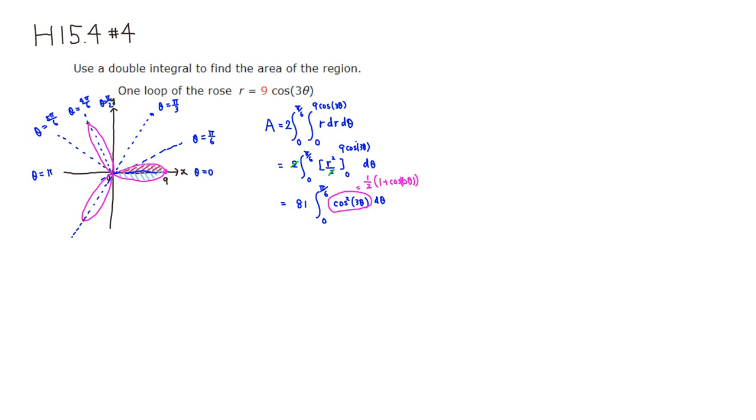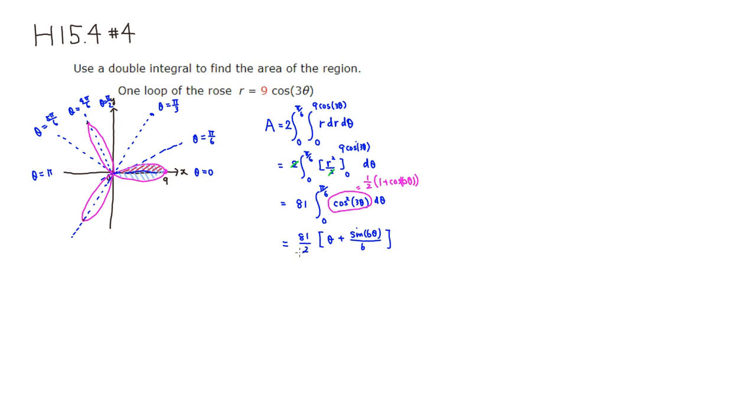All right, so 1/2 is just a number, so I'm going to put it outside. So it's 81 over 2. And the antiderivative of 1 with respect to theta is theta. Antiderivative of cosine of 6 theta would be positive sine of 6 theta over 6.